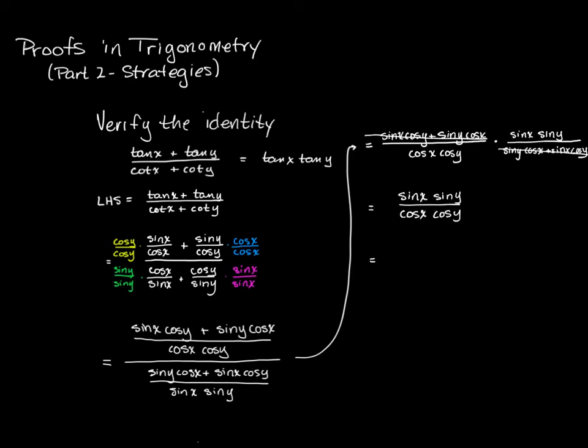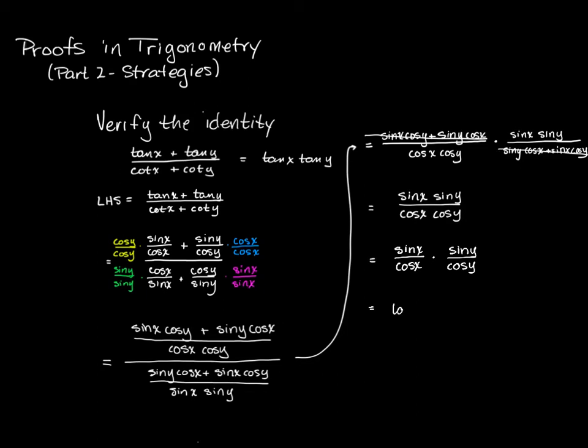Maybe you can see it now, but just in case you can't, remember that you can multiply two fractions together to create a single fraction. In the same way, you can unmultiply two fractions. So I'm going to rewrite this as the sine of x over the cosine of x times the sine of y over the cosine of y. And now I'm going to use the identity tangent equals sine over cosine backwards.